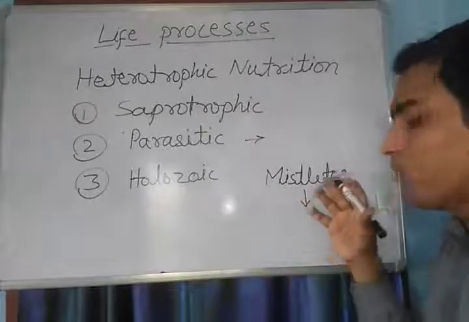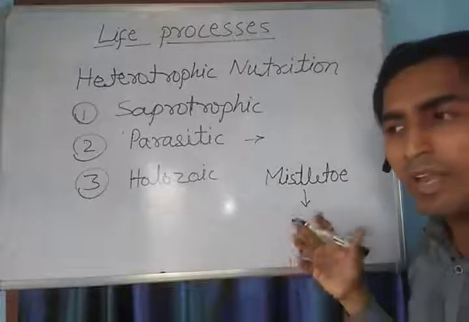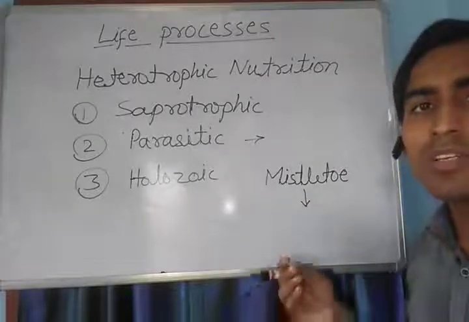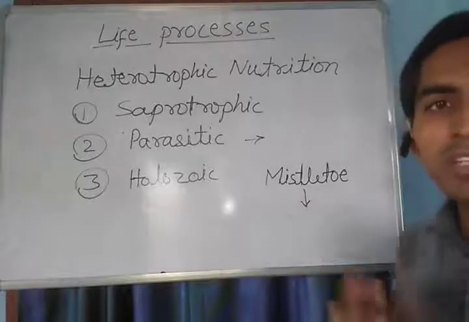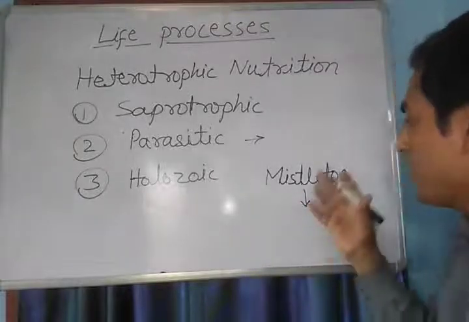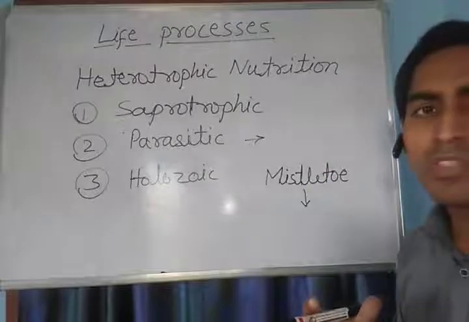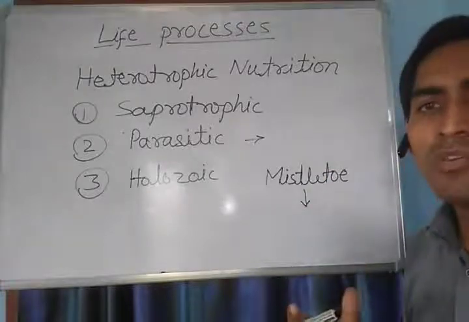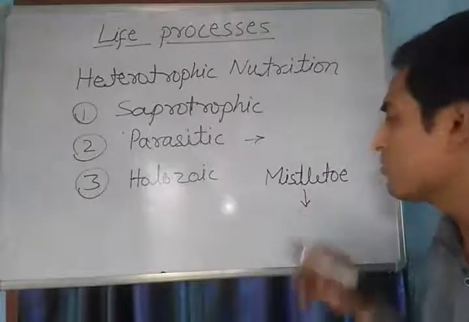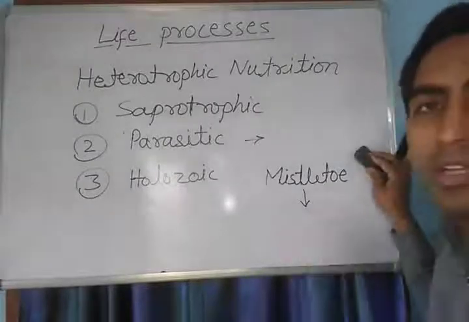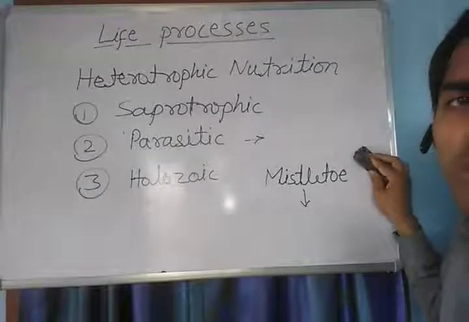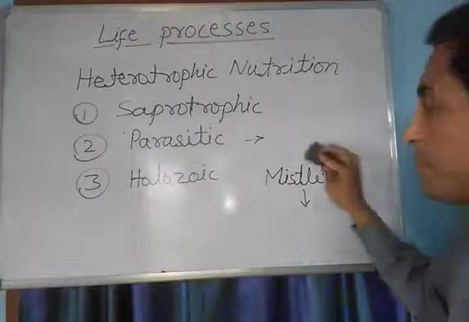They are able to perform photosynthesis but unable to get other materials, so it absorbs water and minerals for the process of photosynthesis from the plant. It is also called Giloe. We know this name very well.